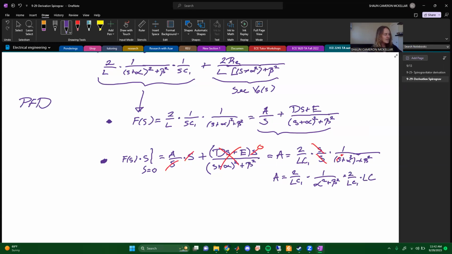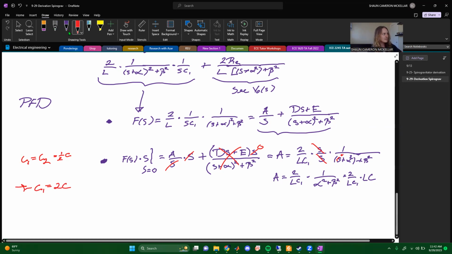Okay, now let's acknowledge real quick. We said that C1 equals C2, and we said that they're both going to be equal to 1/2 of the total capacitance. So therefore, I can express C1 is equal to 2C.